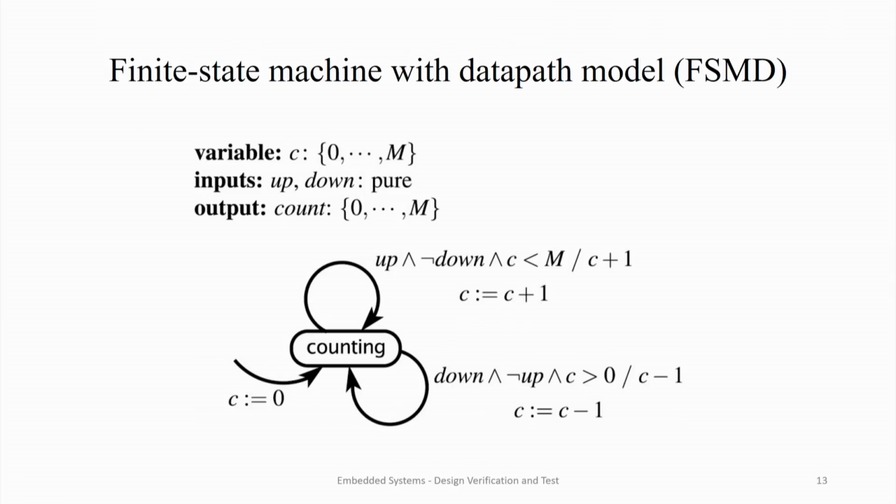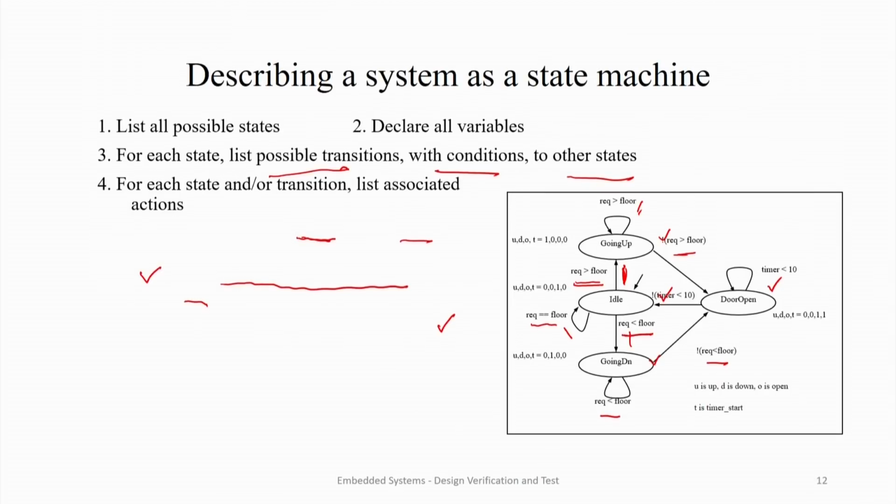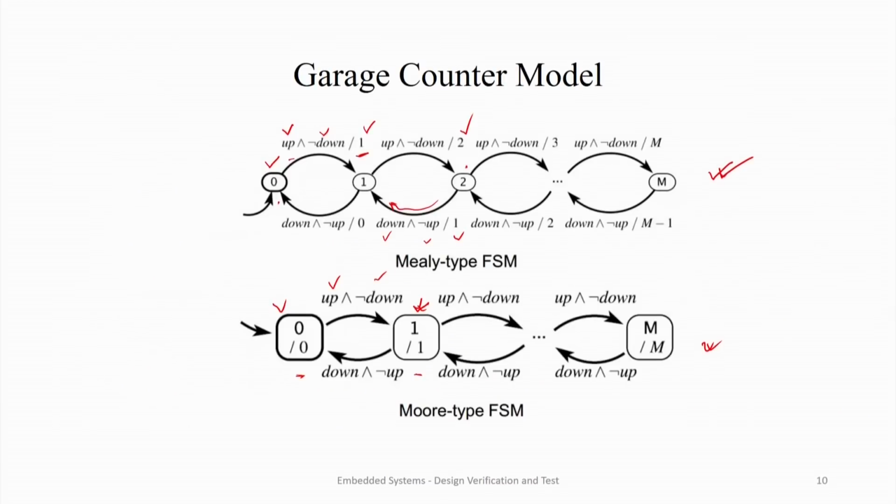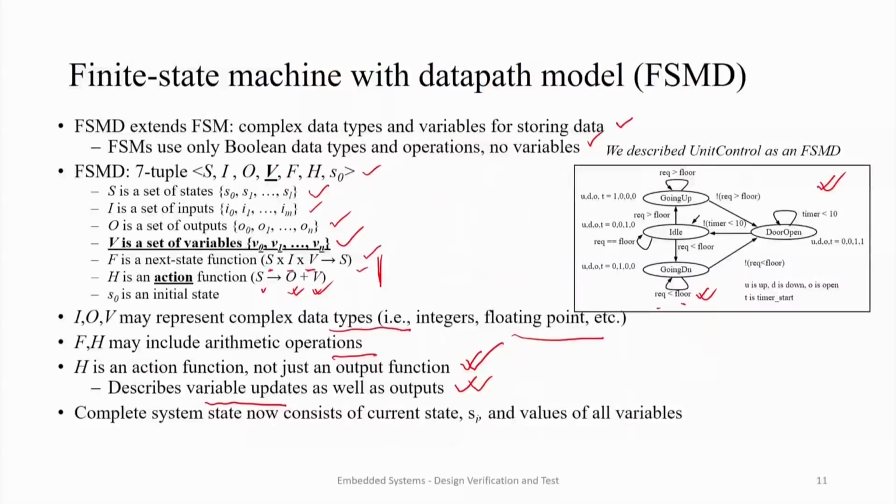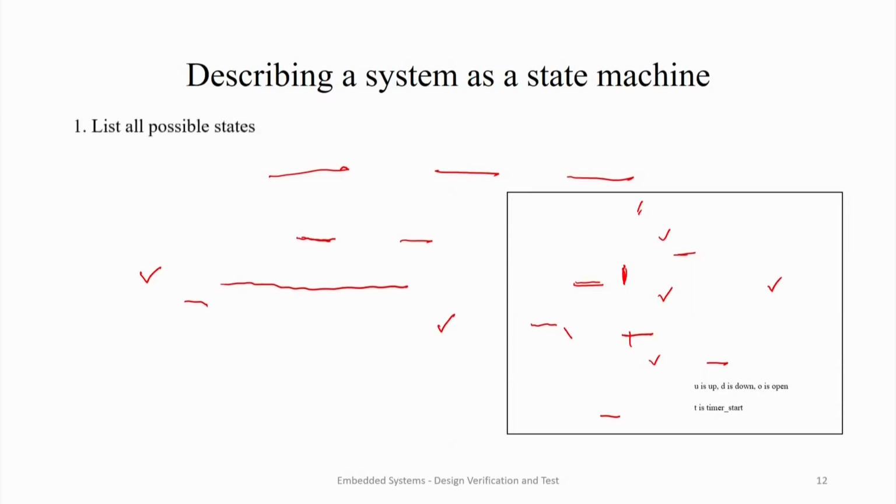Let us say that the garage has space for m cars. Then we will have a big state machine consisting of m states, both for the Mealy machine and for the Moore machine, which is a big representation. How can we simplify this representation, make it more succinct?